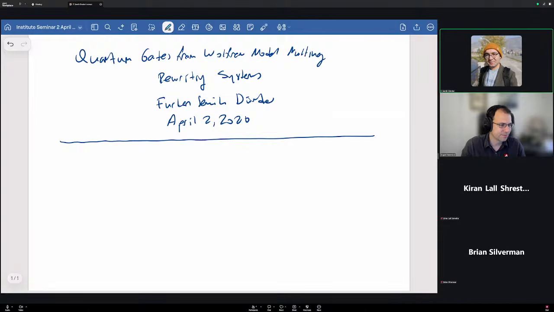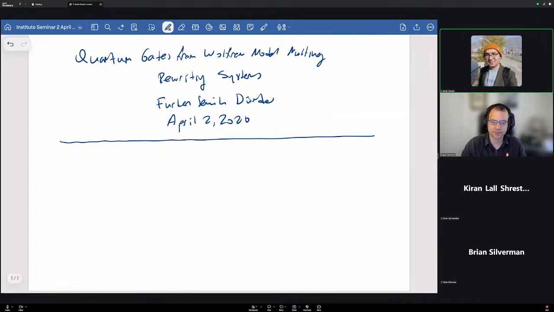As Dugan said, today I will be talking about quantum gates from Wolfram model multi-way rewriting systems and share what we have found so far. What we are doing may be called computational philosophy, and we interpret Leibniz monads in terms of computation.